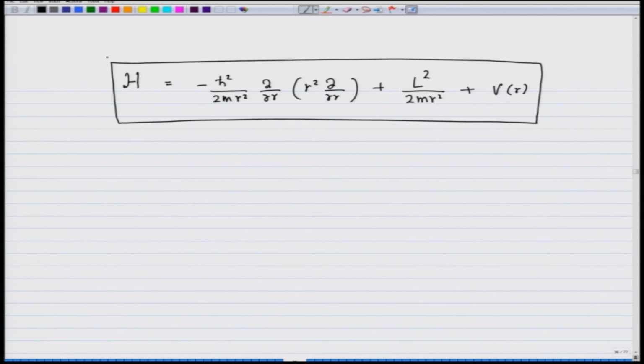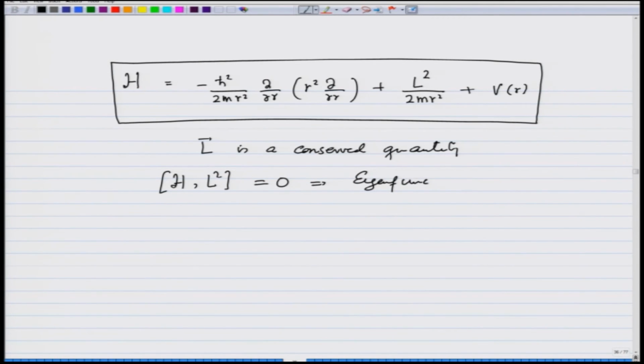I can write this because L now is a conserved quantity, and you can see from this that the commutator of H and L square is also going to be 0. This means eigenfunctions of H and L square are common.